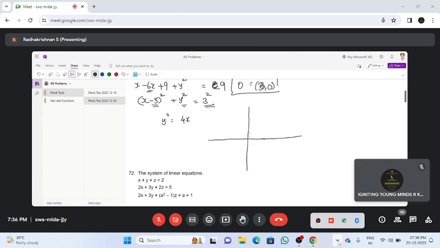Origin, sir. It will open rightwards, sir. Yes, open to the right side, and the vertex will be at the origin. So y square equal to 4ax, a equal to 1. So its focus will be here.